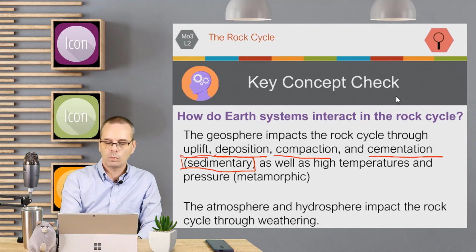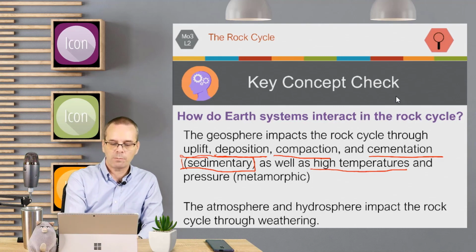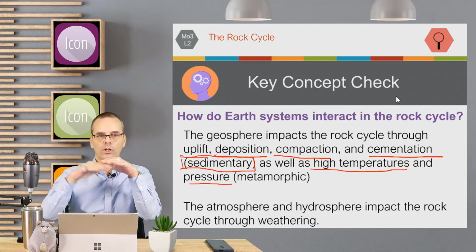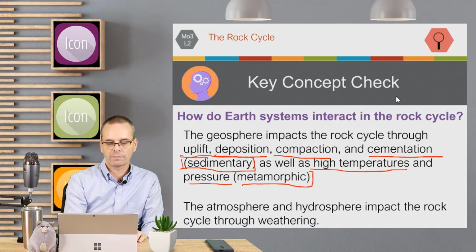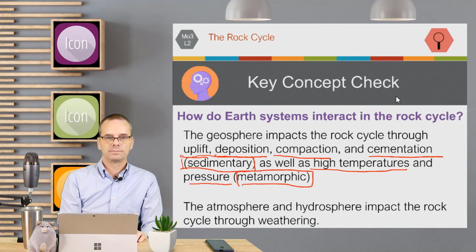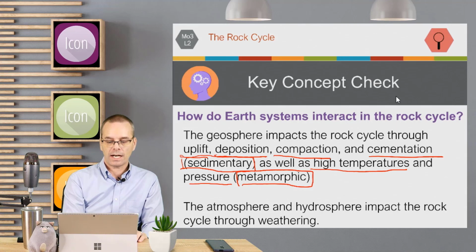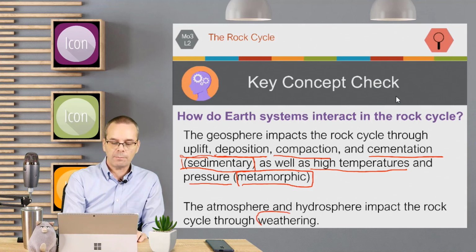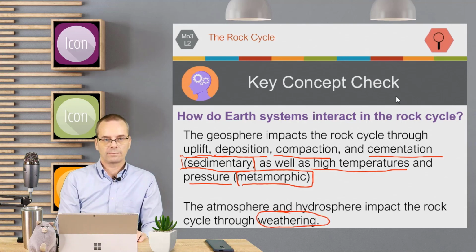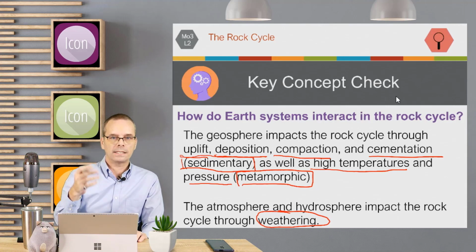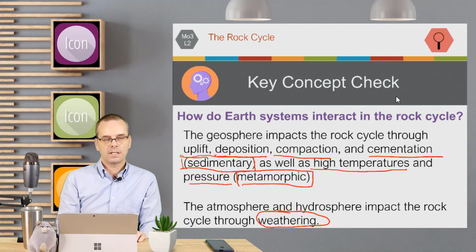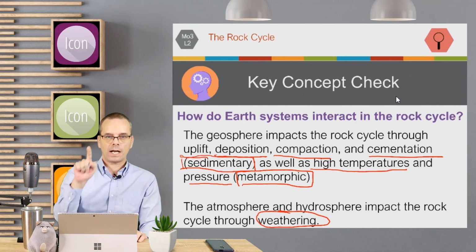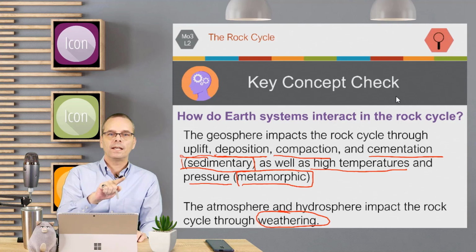And then when we get high temperatures and pressure, as more and more of those layers build up, that becomes metamorphic. Now, the atmosphere and the hydrosphere impact rock through weathering, through rain and wind, etc. So the atmosphere and hydrosphere do weathering, and the geosphere impacts the rock cycle.